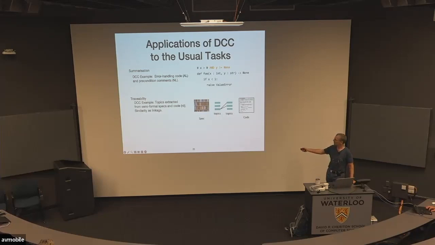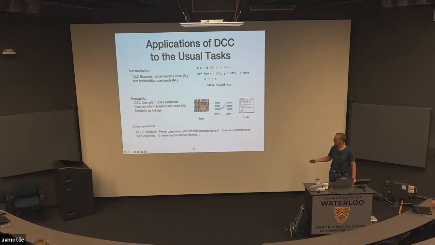So we could extract topics from the specification, topics from the code, and a sufficient similarity between the topics would be a way to recover traceability links. I haven't done this. I'm just claiming that this is a way to think about a seminal problem in terms of dual channel constraints.